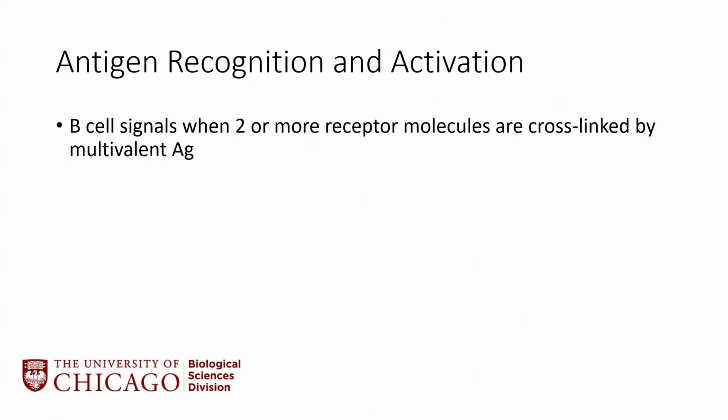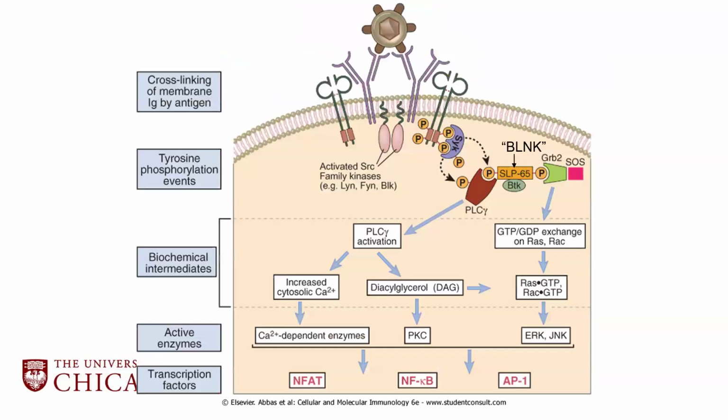So the other thing that can happen is the B cell will signal when two or more receptor molecules are cross-linked by multivalent antigens. So these are like those B1 cells. You have multiple receptors, and when you're starting to cross-link, oh, I take that back. Do you need two signals even in traditional signaling? I think you do. Scratch that.